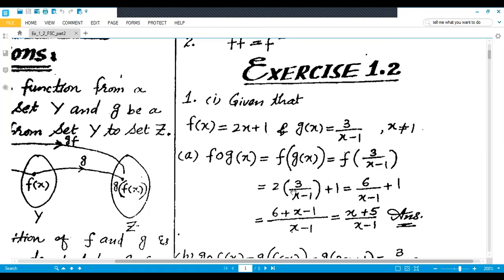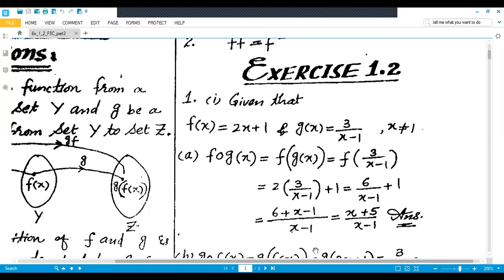So in place of x, you put 3 over x minus 1, and plus 1 as it is. Now you open the bracket: 6 over x minus 1 plus 1. Now take the LCM, so you get x minus 1 in the denominator, and 6 plus x minus 1, so that will be equal to x plus 5 over x minus 1.